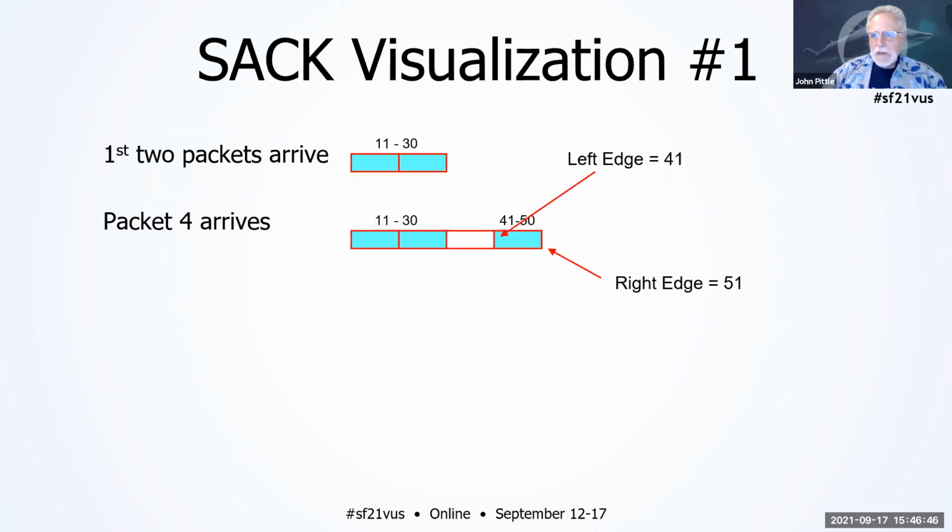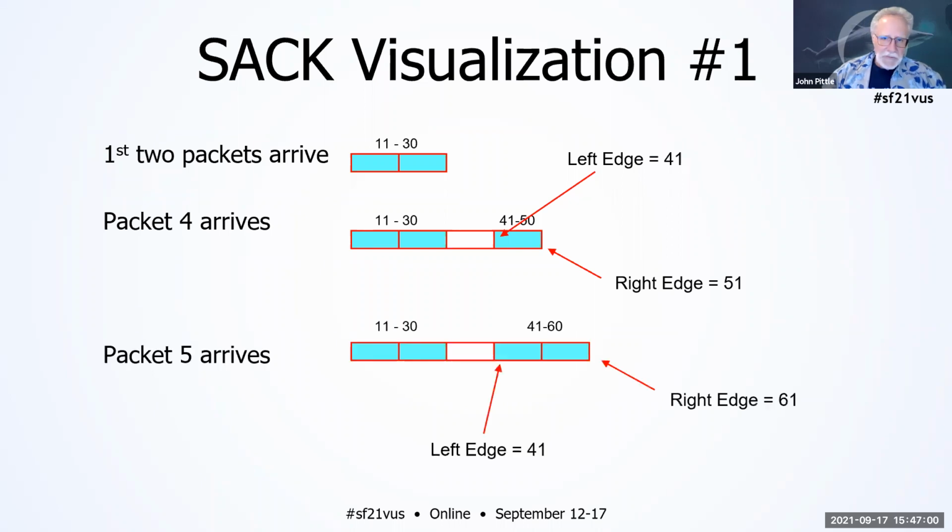If you notice, the left edge equals 41, right edge 51. These are pointing conceptually to help you visualize where the left edge and the right edge are in this discussion. When packet 5 arrives, notice that it fits nicely right next to packet 4. And the right edge now has moved out to 61, saying, hey, I'm ready for 61.